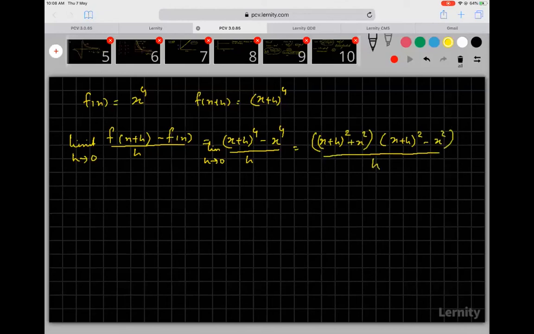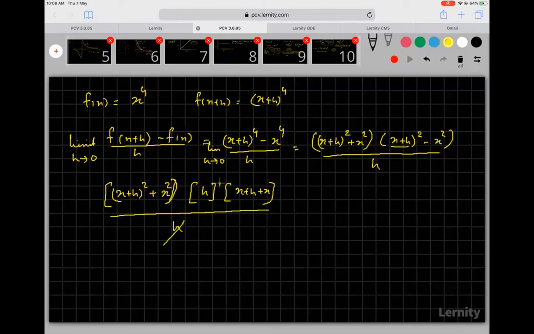This can further be written as (x plus h) the whole square plus x square, into, this is a squared minus b squared, h into (x plus h plus x), whole by h.